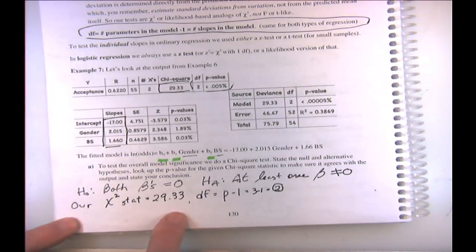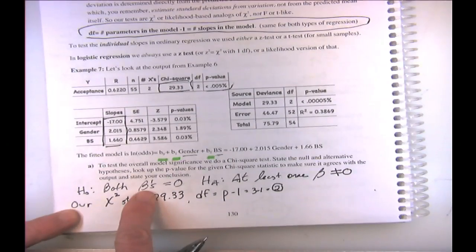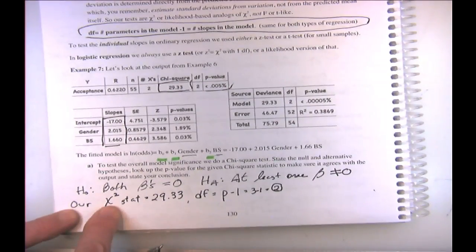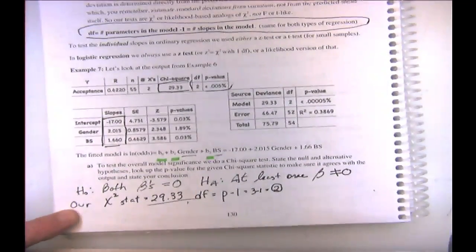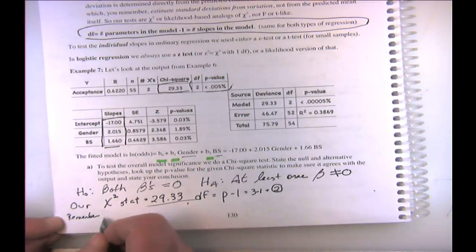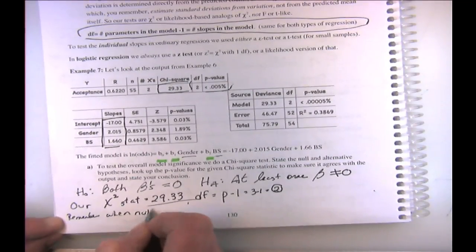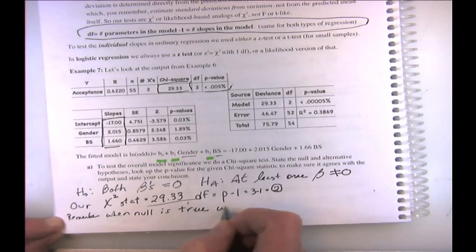Okay, and when the null is true, we're testing the null, when the null is true, how likely is it to get that big a chi-square statistic? Remember, when the null is true, we'd expect what?